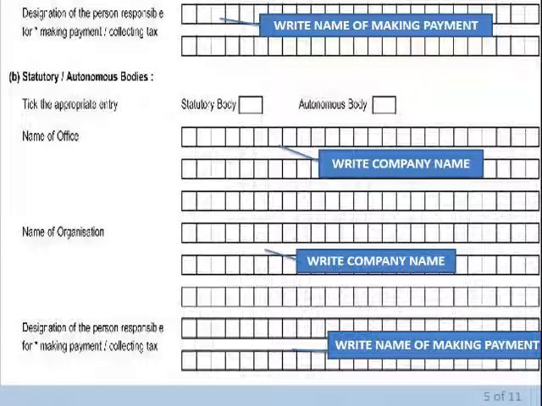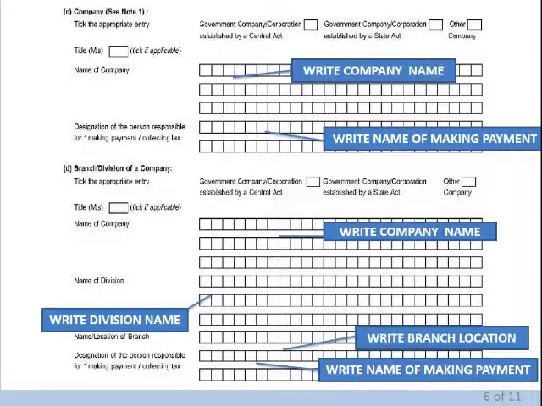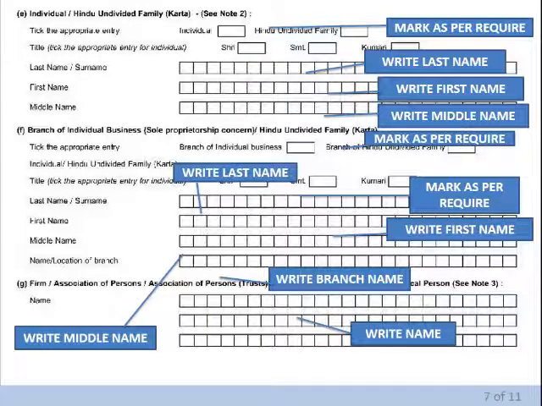Here in this page, the name of the person who is responsible for making the payment needs to be provided. Then fill in all that data accordingly, which will be asked. The same data filling will be continued here as per the required fields. Now here you have to select the options. If you are representing an individual, then you have to click as an individual.